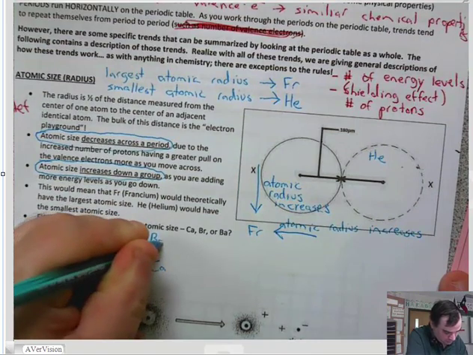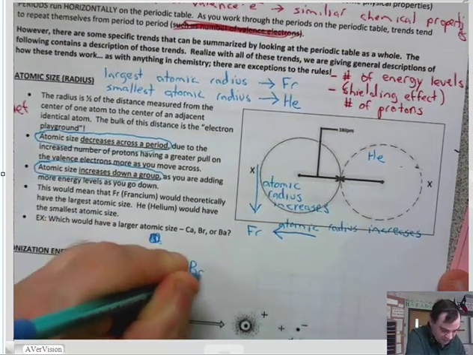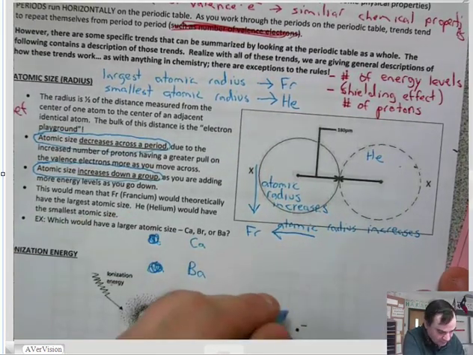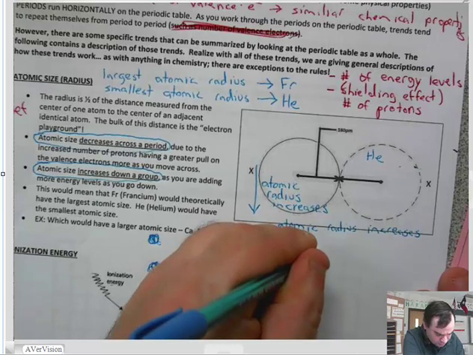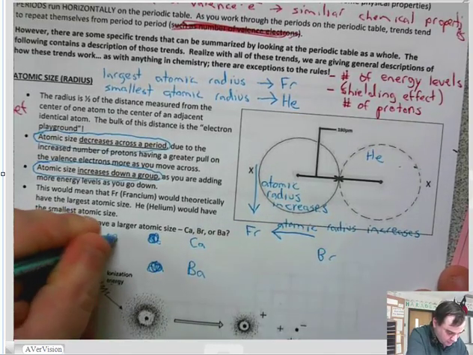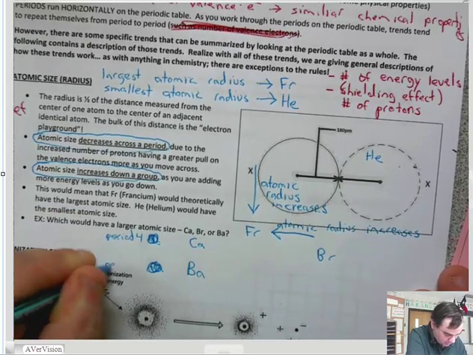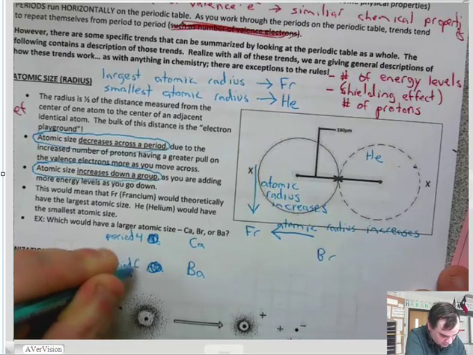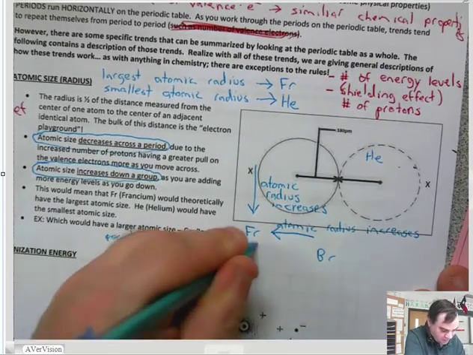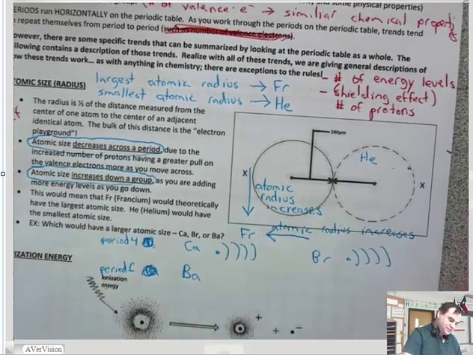Barium is at the bottom, calcium is right here, and bromine is right here. Okay, so this is period 4, and this is period 6. Period 4 means that there are 4 energy levels. Okay, so both of these have 4 energy levels.